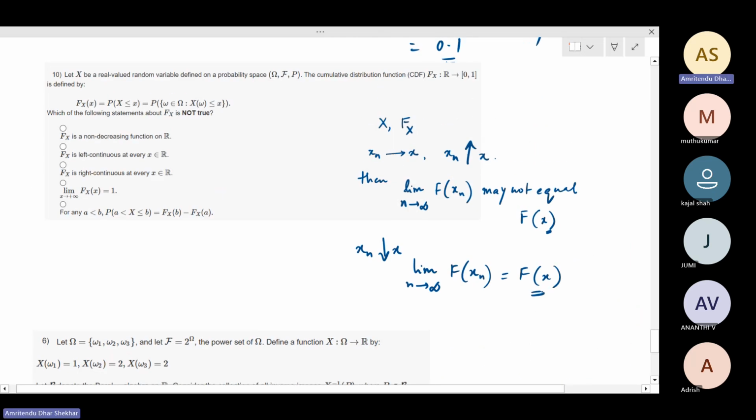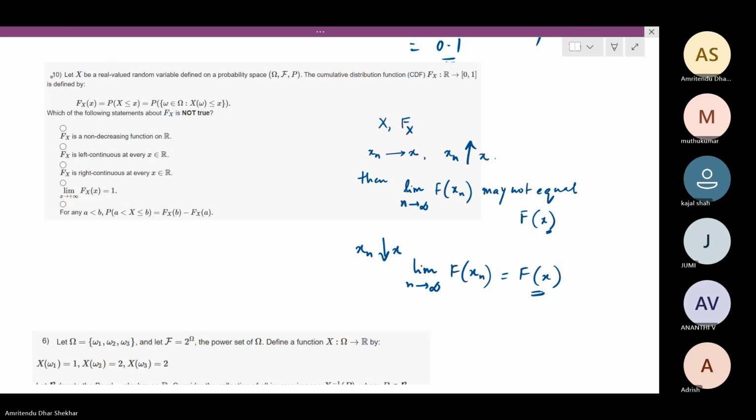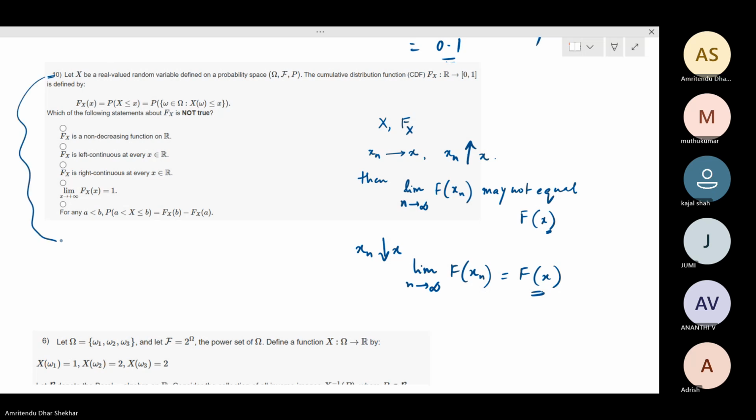So going back to this problem, I'll give you a hint. The hint is as follows.